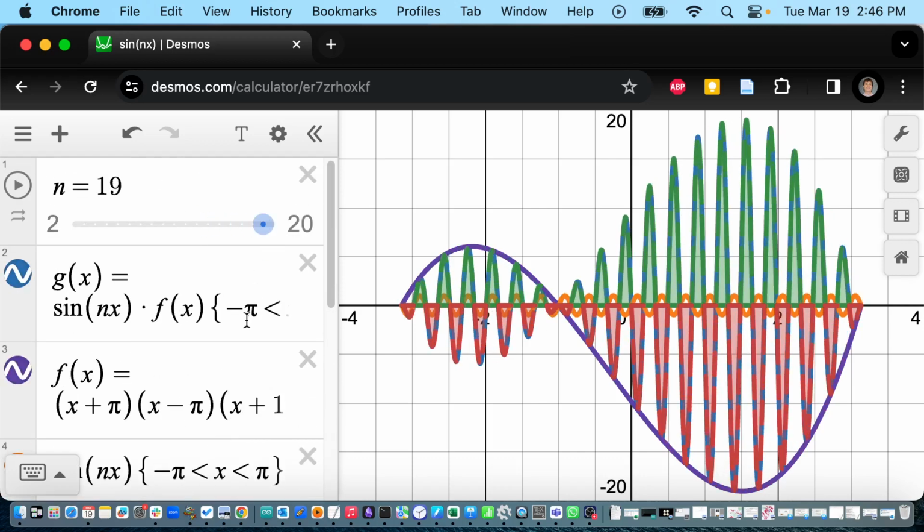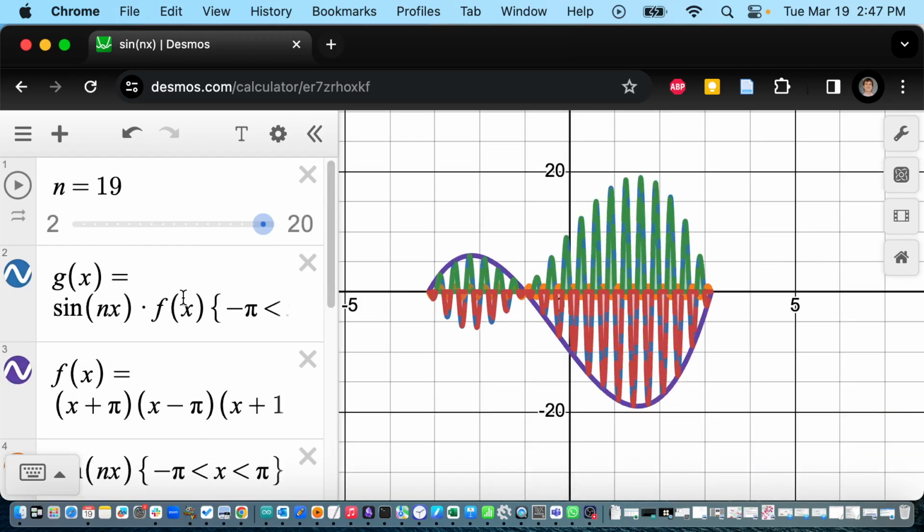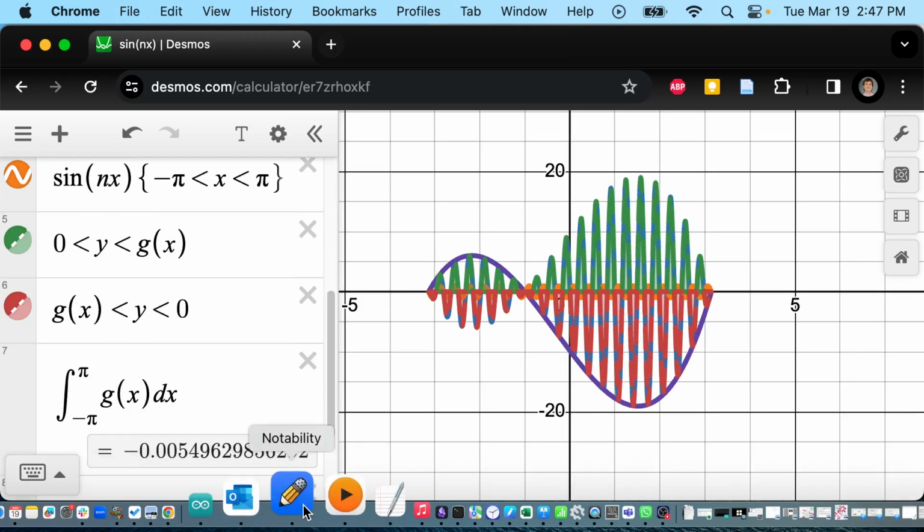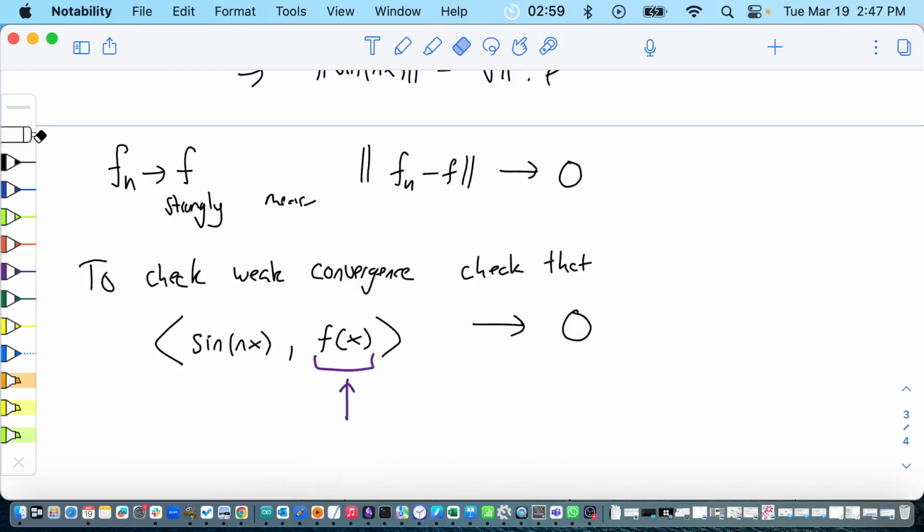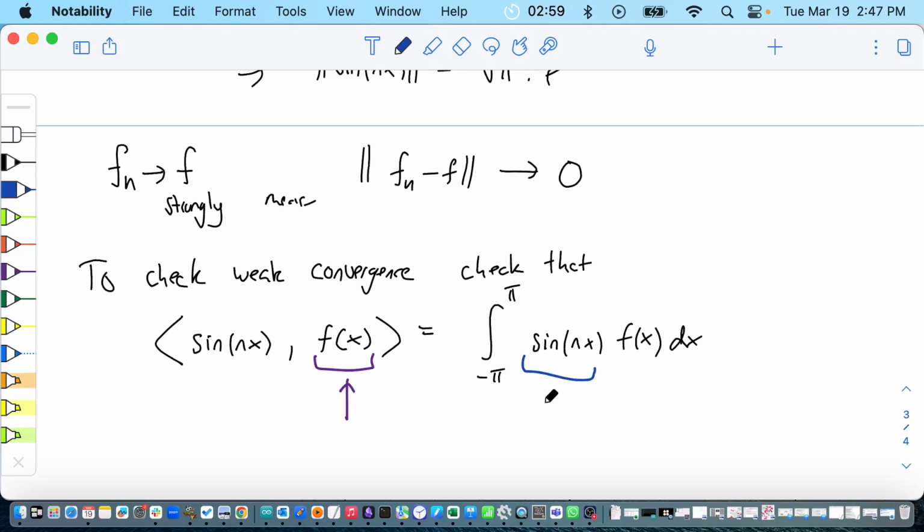And if you imagine infinitely many squiggles, as was so eloquently put, then in the limit, it should be 0. So this is equal to the integral from minus pi to pi of sine of nx f of x dx, which hopefully has infinitely many squiggles, and hopefully that goes to 0.